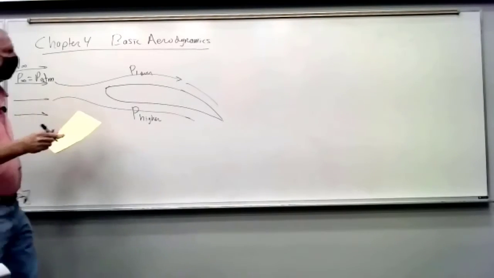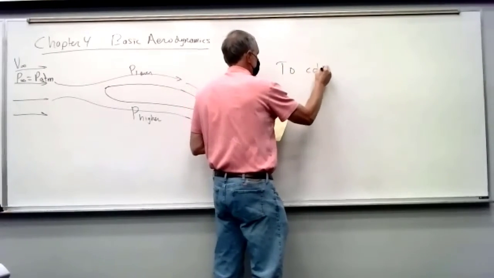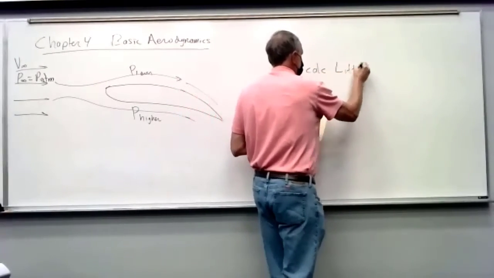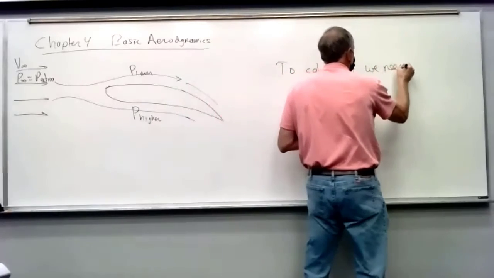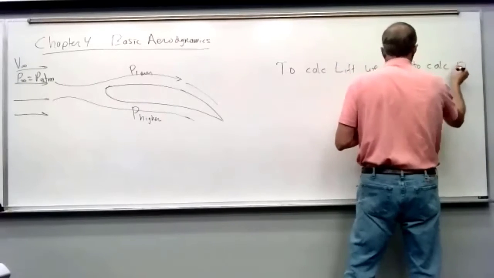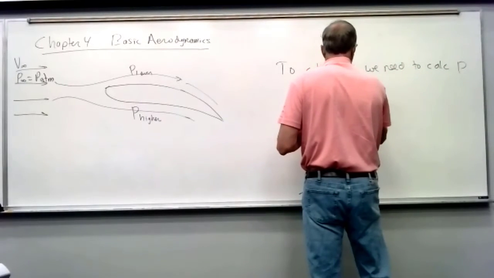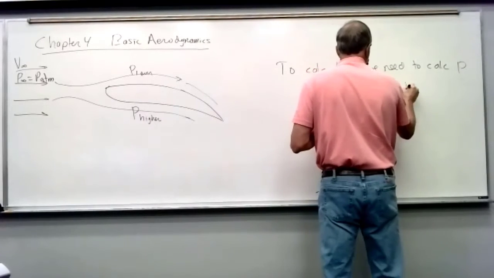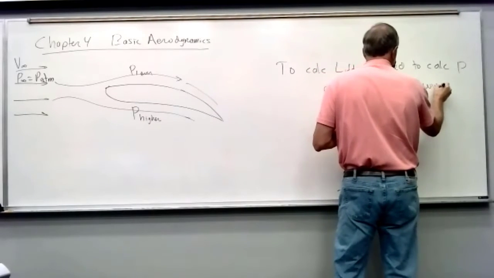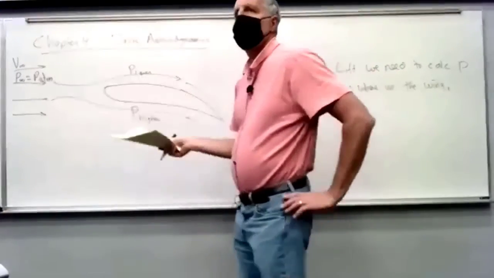So to be able to calculate the lift, we need to be able to calculate the pressure everywhere on the wing. So we need to be able to model the flow.